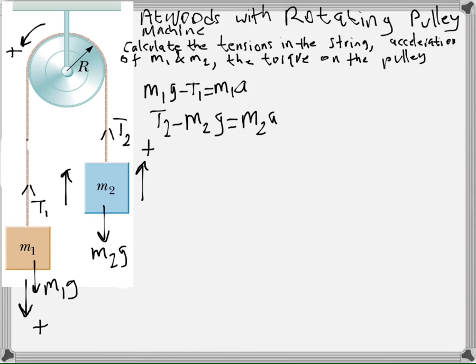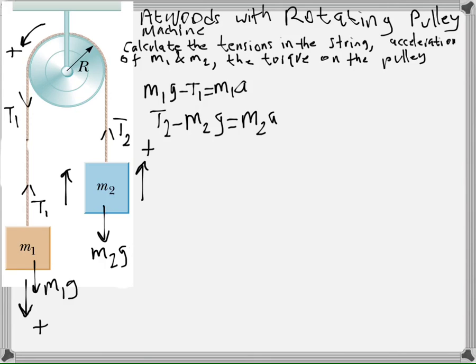Well, before that, you have to show the direction of forces for the pulley. If T1 is acting up on M1, on the pulley side, T1 must be downward, right? Because this is the rule.